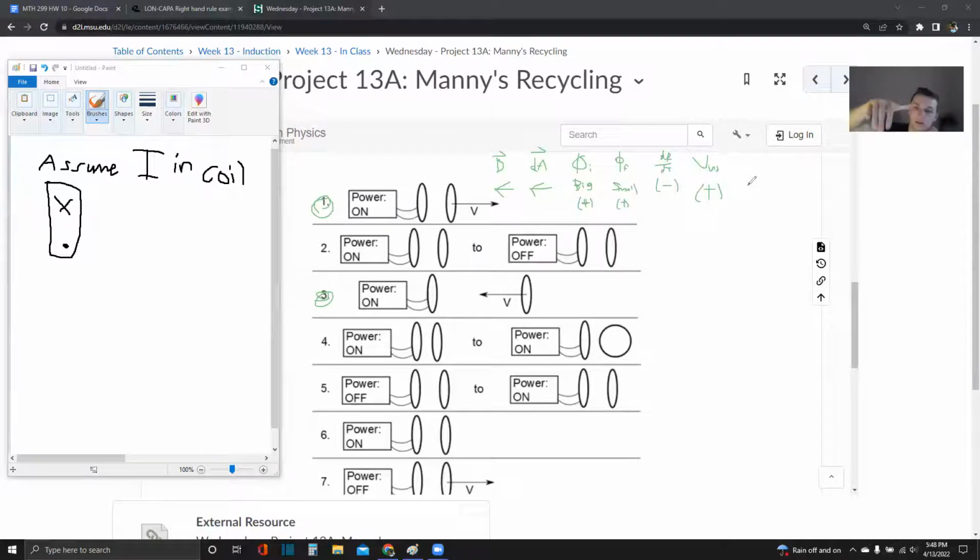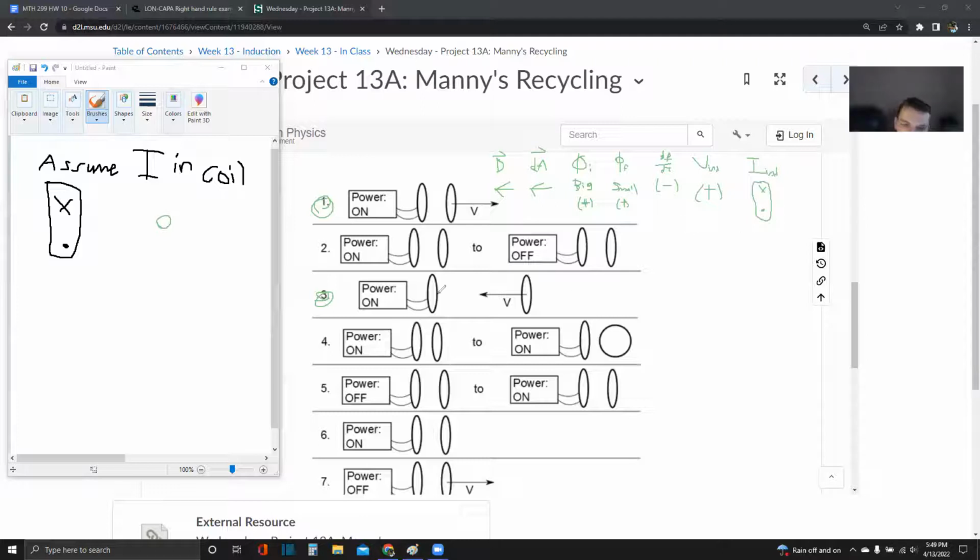When we do this, that tells us the direction of our induced current. So it's going in the same direction as the current I assumed for the coil. So I induced is going into the page and out of the page.